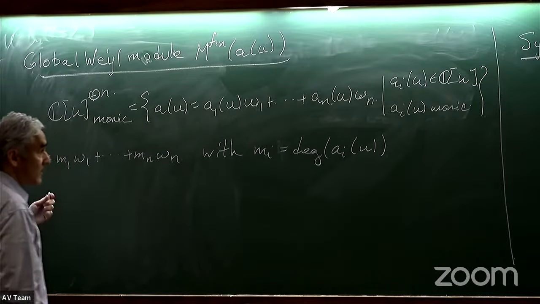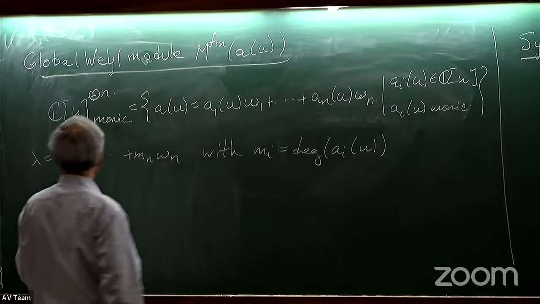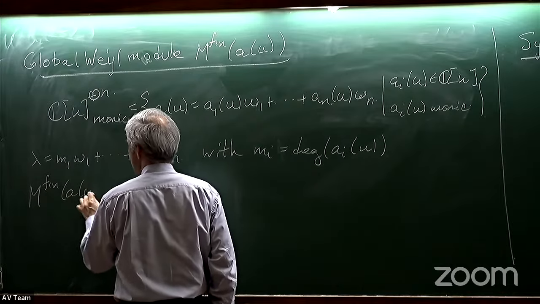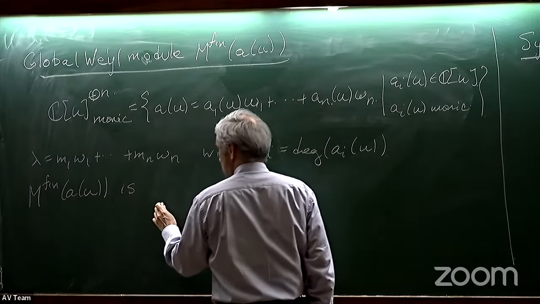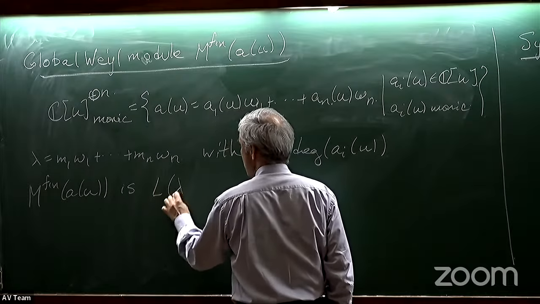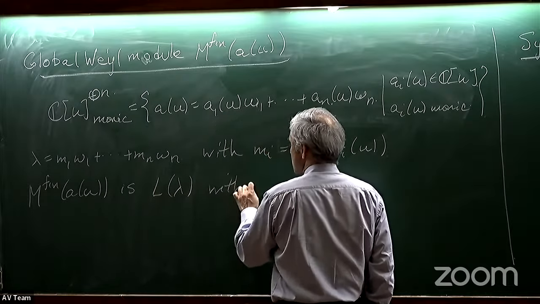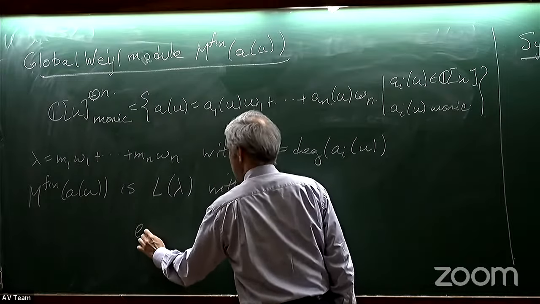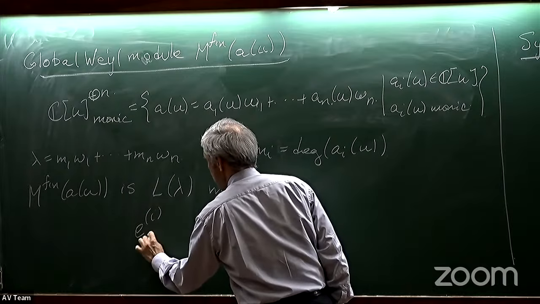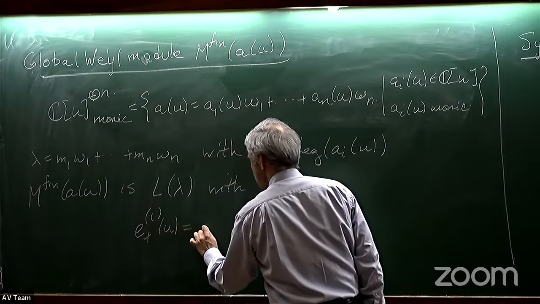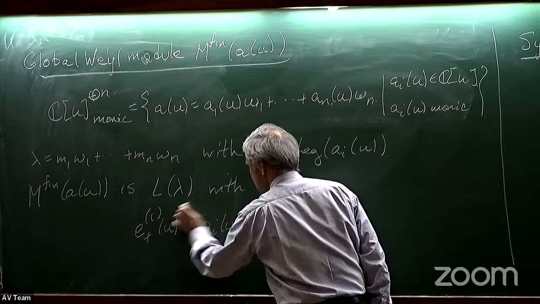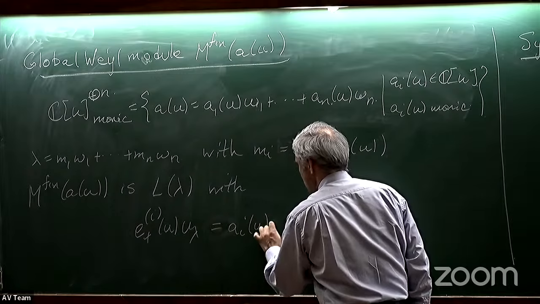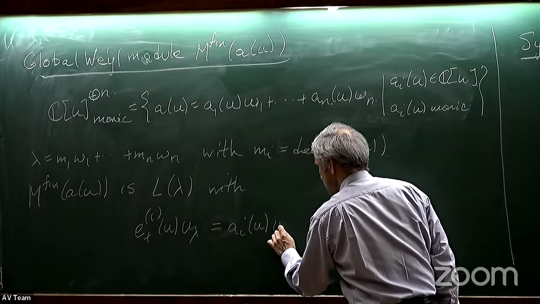All right, and now we can build a module. So then M finite A of U is L lambda with the additional condition that EI plus of U acts by AI of U on U lambda.